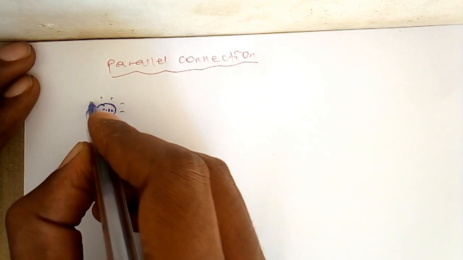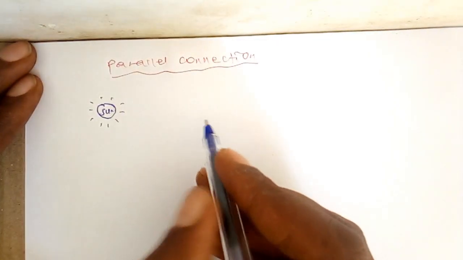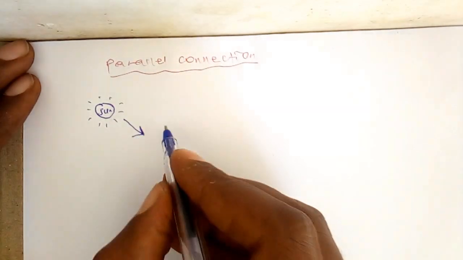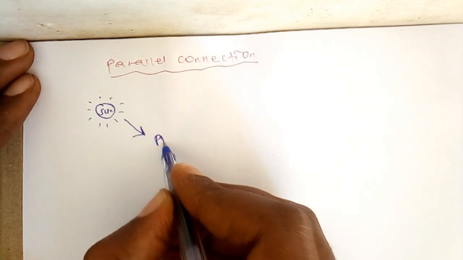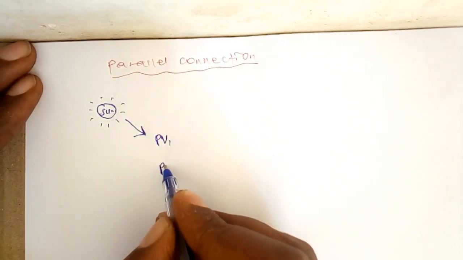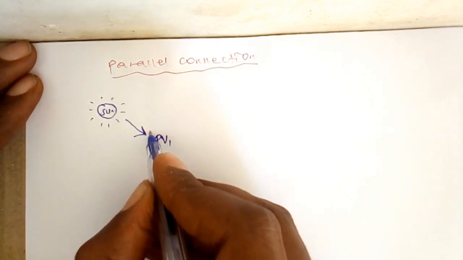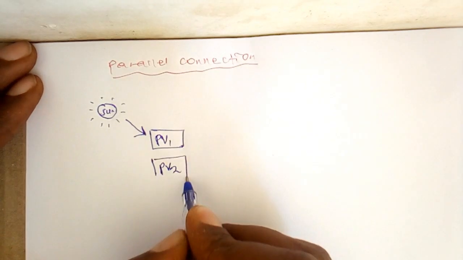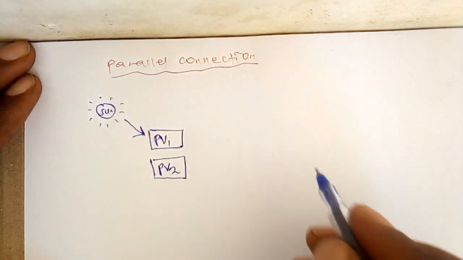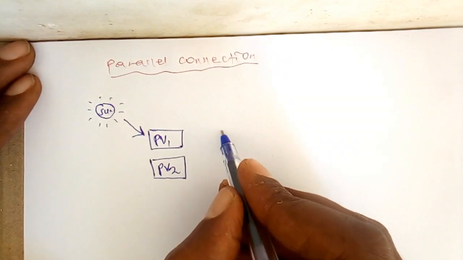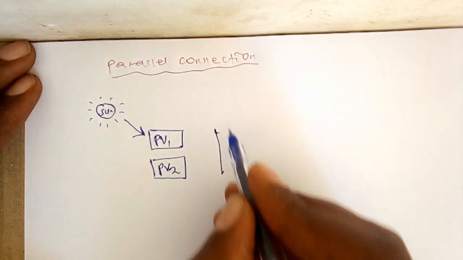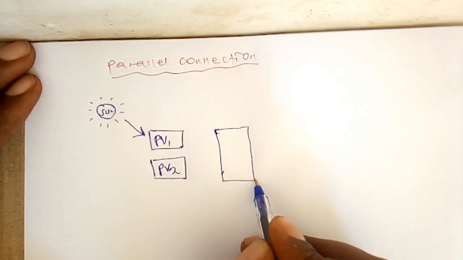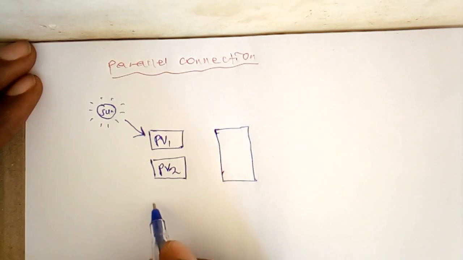So sunlight directly hits the PV or the solar panel. Let's take two panels, PV1 and PV2. By taking these two panels, then we connect them in parallel.